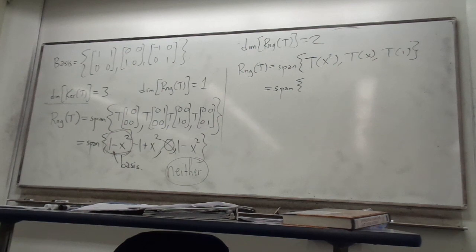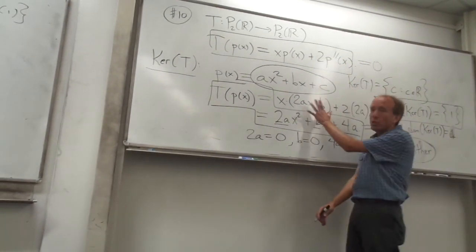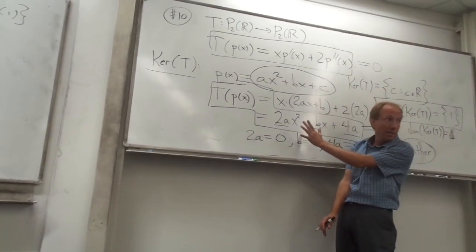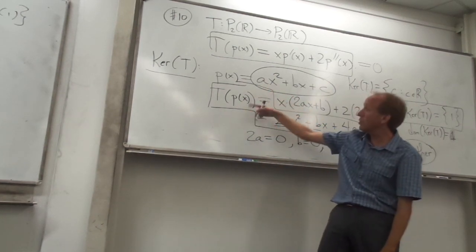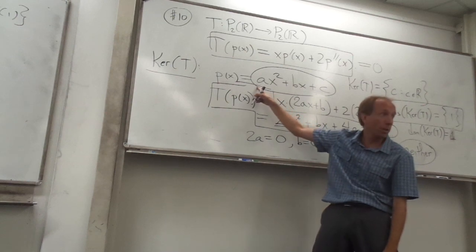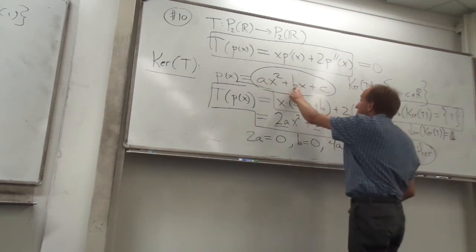A is 1, b is 0, and c is 0. That's how you get x squared as your input. If you're not liking this, you have another option. You can always use this formula. But this is good because sometimes you have to do this. So if you're trying to figure out how to plug in x squared into the transformation, and this is what your formula looks like, you have to choose the a, b, and c that you're going to use. So a is 1, b is 0, and c is 0.